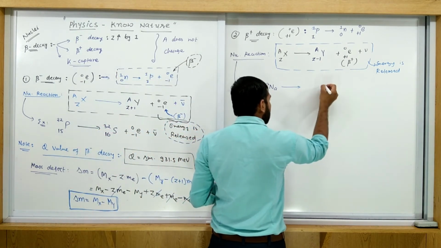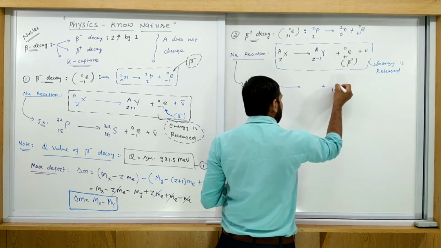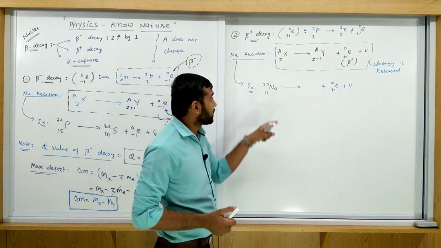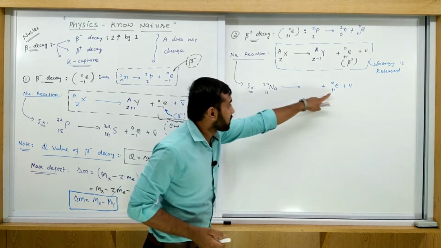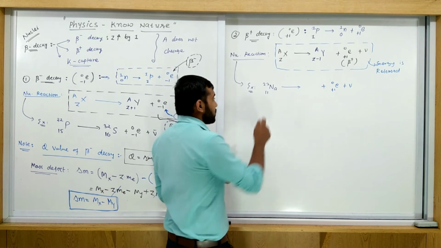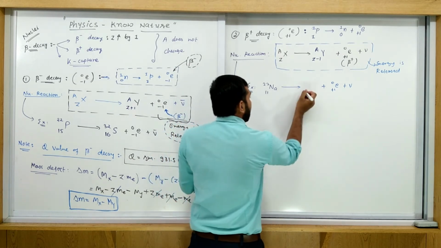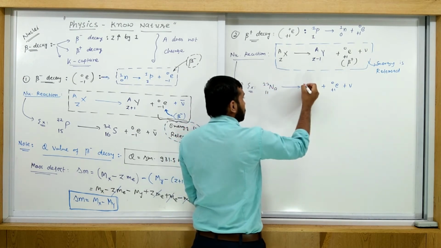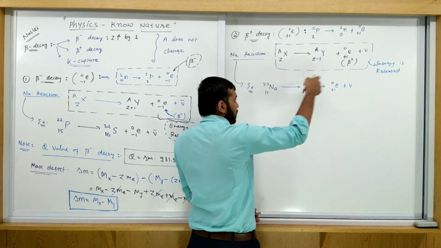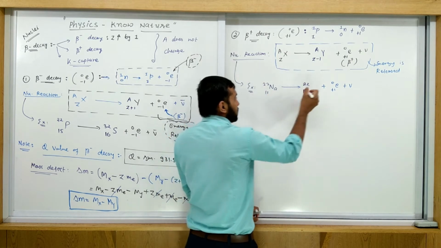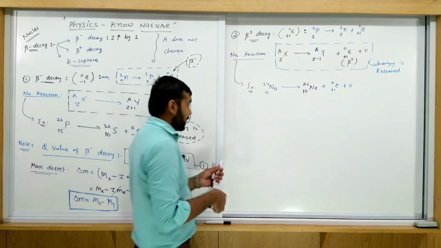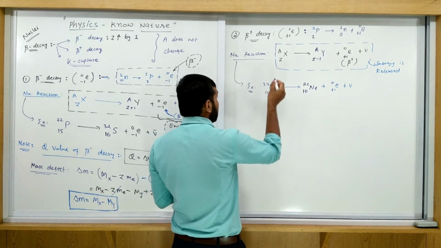Here something is produced with the beta plus, means plus 1e0 plus neutrino, that is the beta plus. Balance the relation. So 11, here 1 is already used, so the remaining is 11 minus 1, that is 10. Now 22, here 0, so 22 plus 0, 22. So sodium is converted into neon, like this. So this is one example.